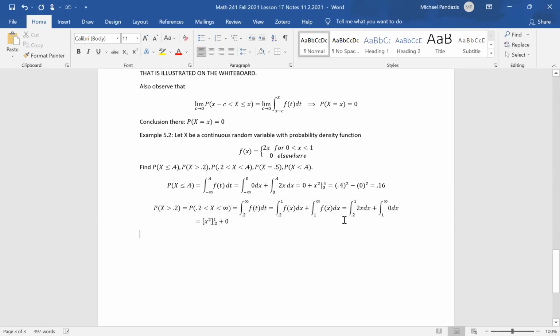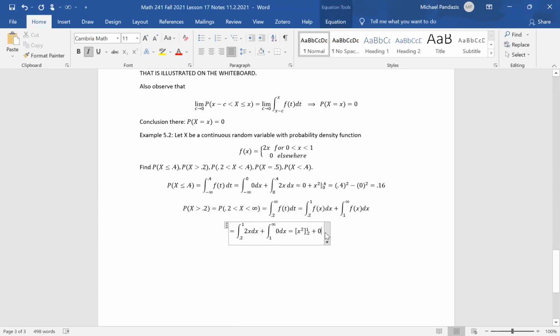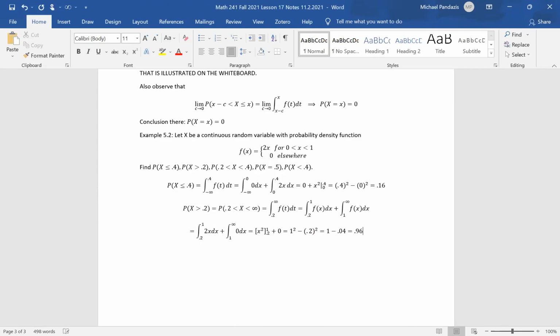If you integrate 0, you get 0. So this is equal to 1 squared minus 0.2 squared. And so that's equal to 1 minus 0.04, which is 0.96. And so the probability x is greater than 0.2 is equal to 0.96.